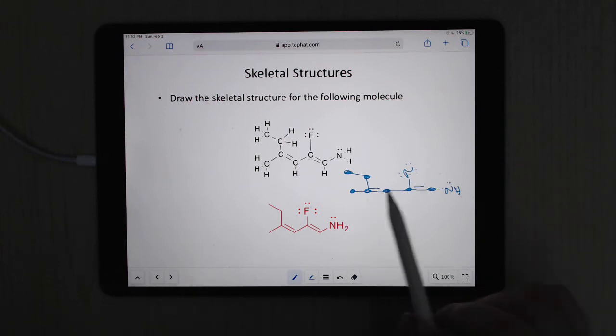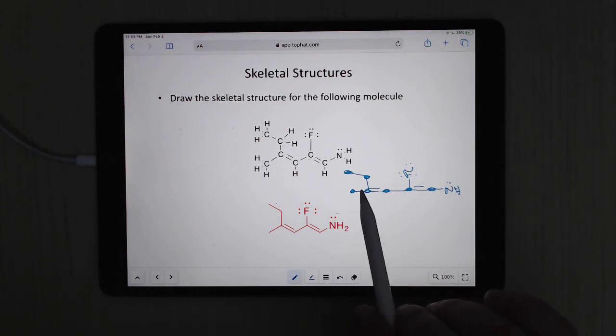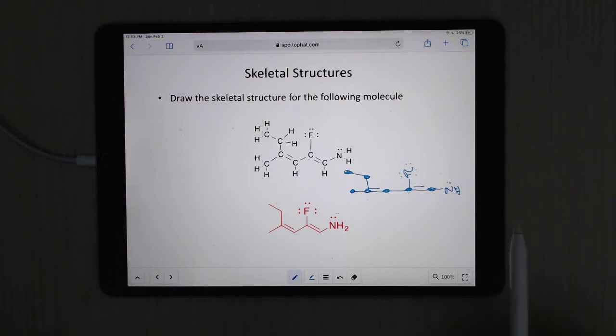You could draw it very simplistically like this, or you could do it in the sawtooth form. That's fine too. But while you're learning this, the important thing is to draw accurately. It doesn't necessarily have to be the prettiest one out there. It's not like you're going to be publishing these things.